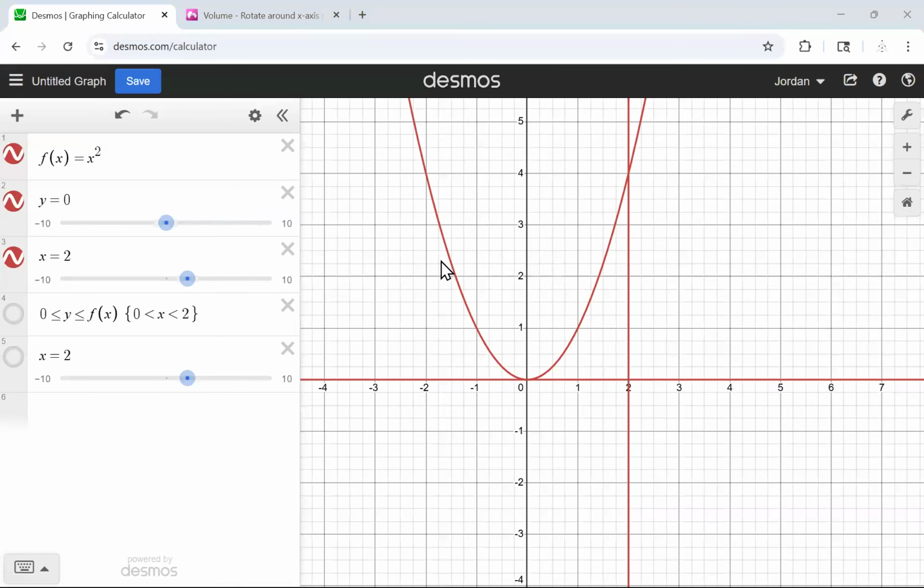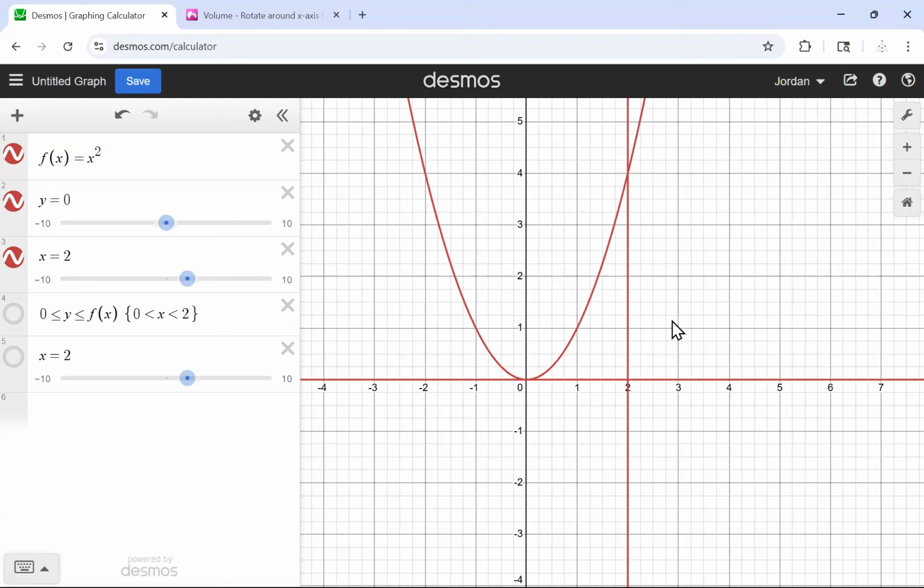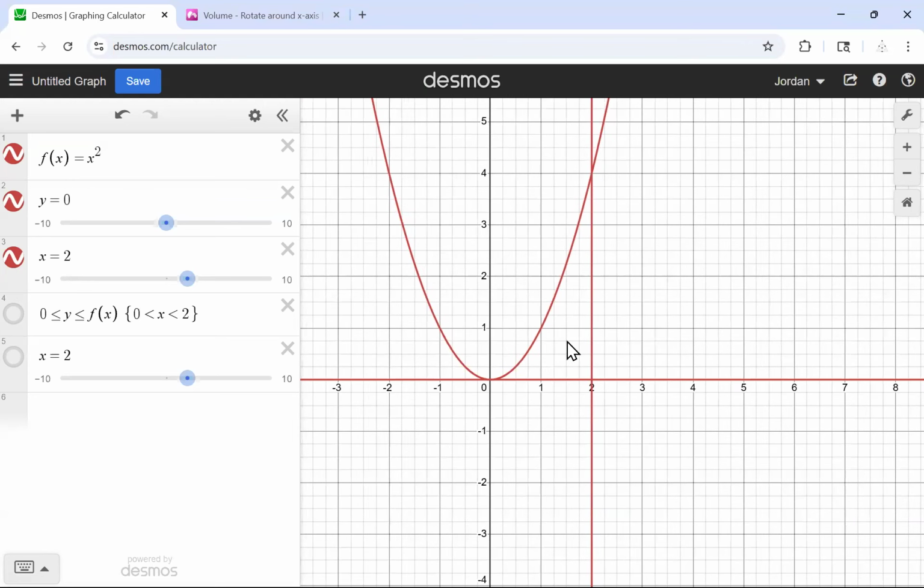Y equals x squared, y equals 0, and x equals 2 are all drawn on this grid. We are going to look at taking the region whose perimeter has all 3 of those curves, so that's this region in here. I've shaded that in blue already.